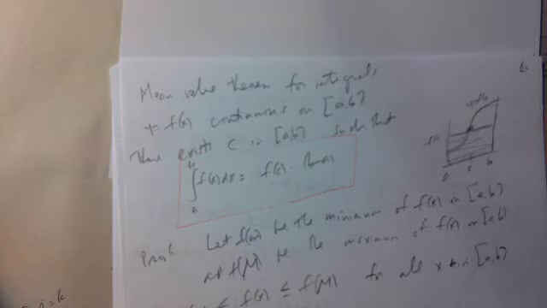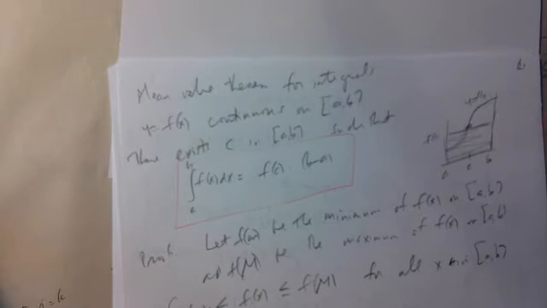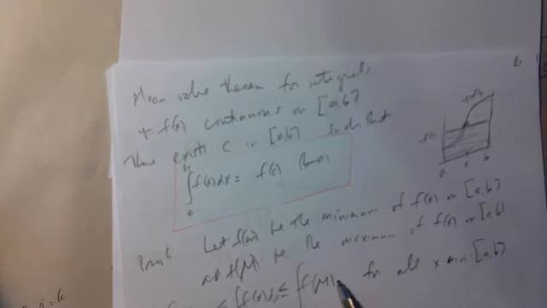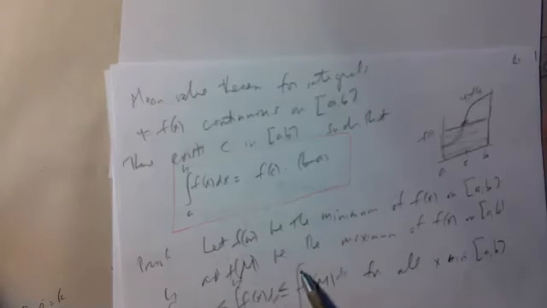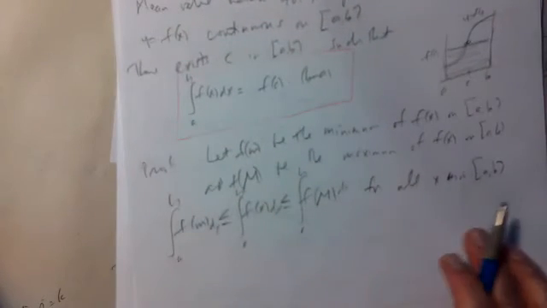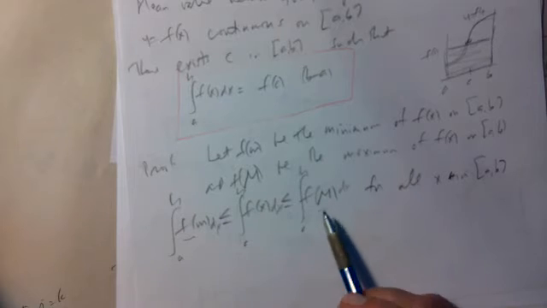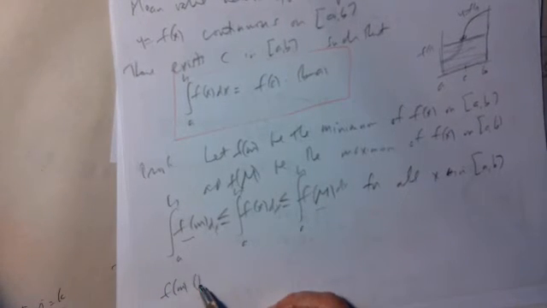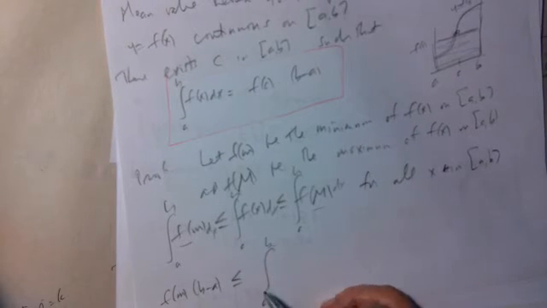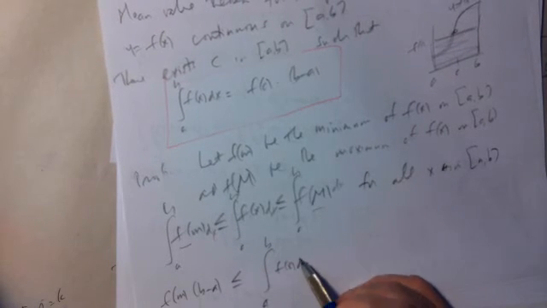So when you integrate with respect to x, you preserve the inequality. But this is a constant and this is a constant. So this says that f of m times b minus a is less than or equal to this definite integral from A to B of f of x dx.